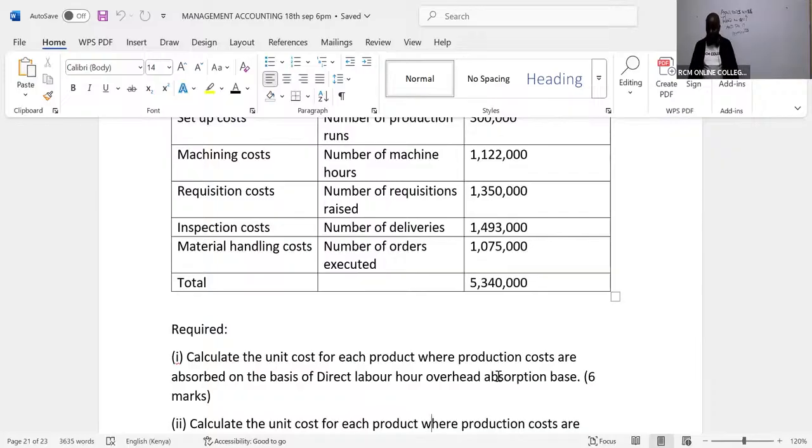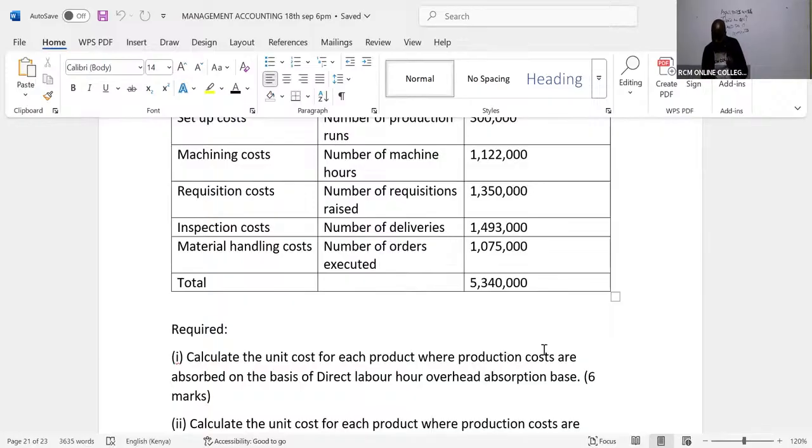So requirement 1 doesn't want us to use ABC. Requirement 1, they want us to calculate the cost per unit for each product where production costs are absorbed on the direct labor hour basis. 6 marks. Now, you see, ladies and gentlemen, even before we introduce this activity-based costing, there is a big difference between activity-based costing and our traditional method.